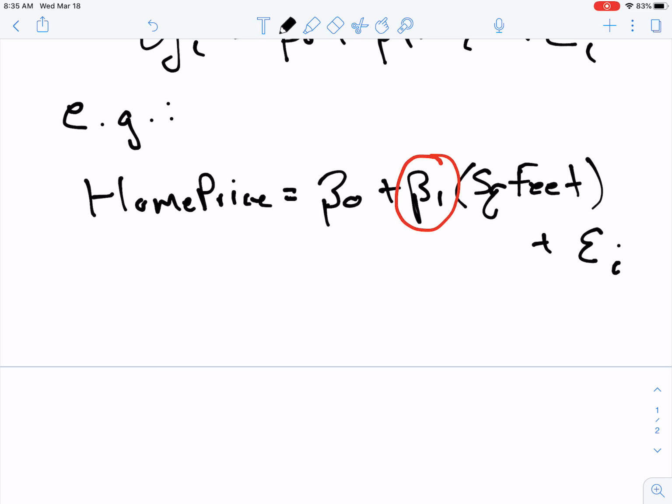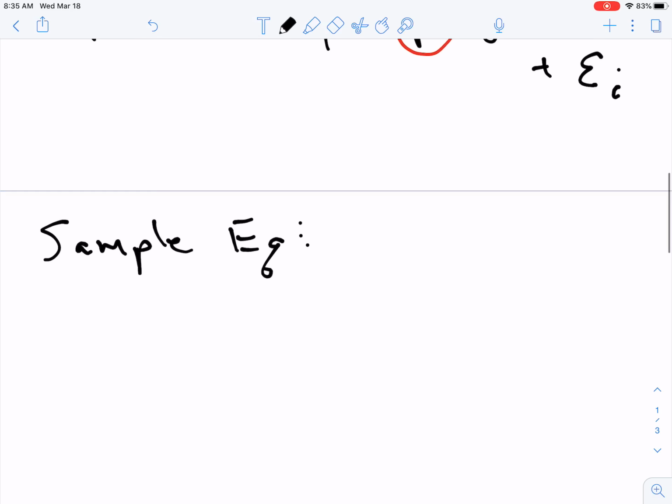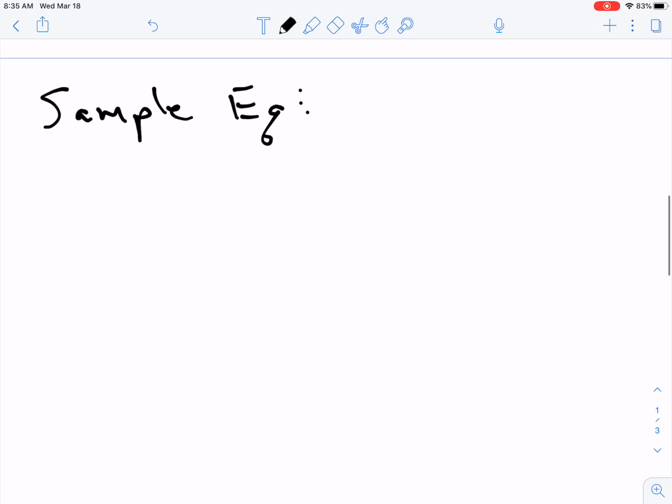Now, a sample equation is very similar. So for the sample equation, we just change the parameters. This is kind of like going from mu, the population mean, to x bar, the sample mean, but now we're using equations.